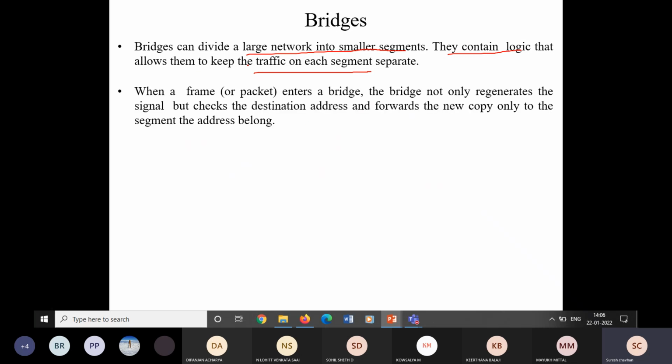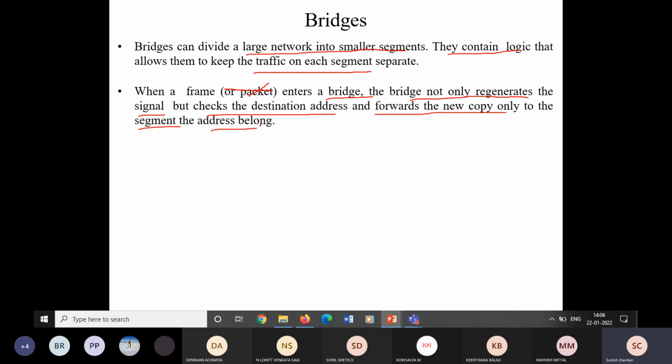And when a frame, so here we cannot say packet, right? When a frame enters the bridge, the bridge not only regenerates the signal but checks the destination address and forwards the new copy only to the segment the address belongs to.